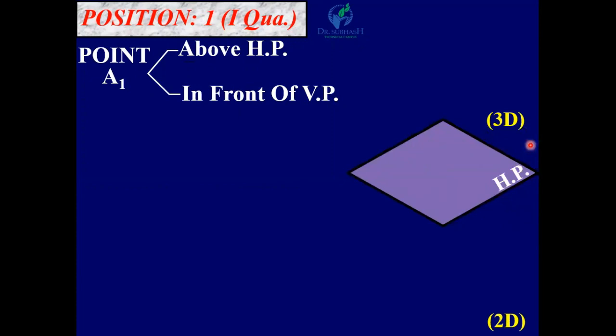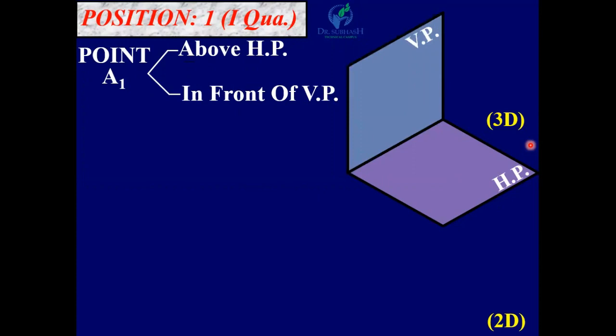This plane is known as the horizontal plane and this plane is known as the vertical plane. The intersection of these two planes is known as the reference line and it is denoted by the XY line, in both 3D and 2D.